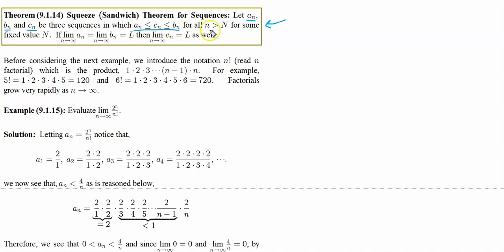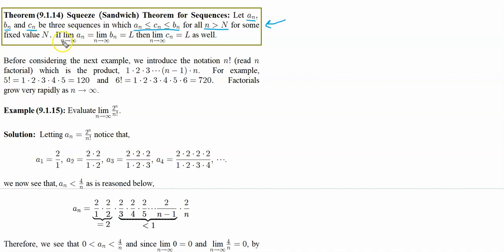This inequality must hold for n sufficiently large, meaning for all n greater than some capital N, where capital N is a fixed number. For example, for all little n greater than 10,000, or little n greater than 1,000,000.